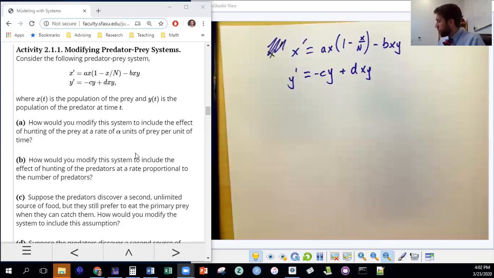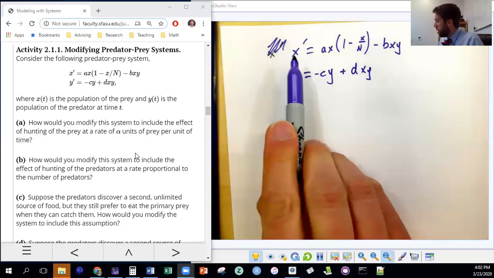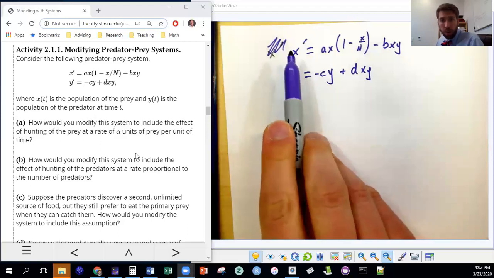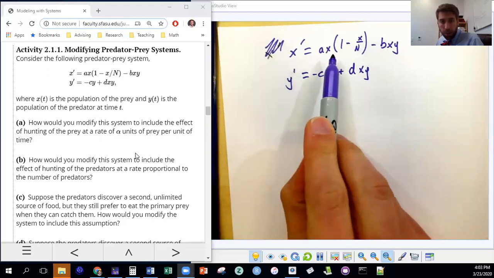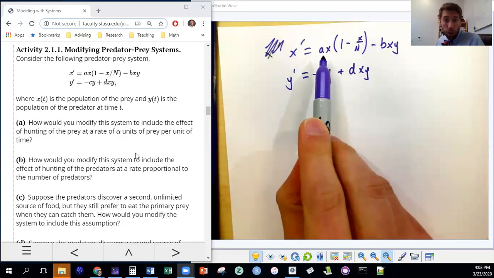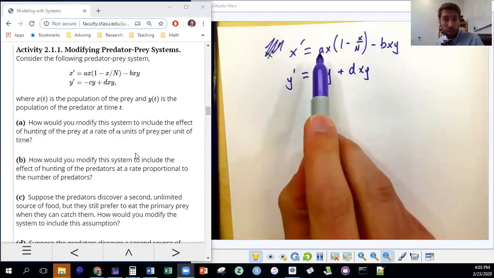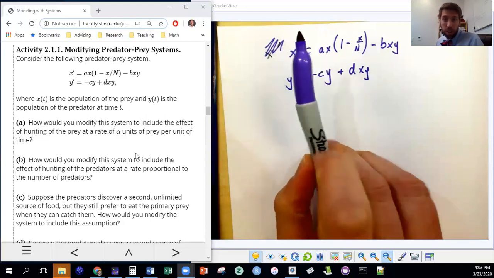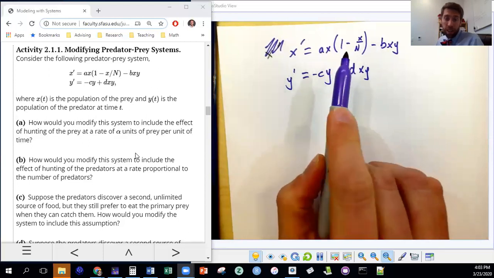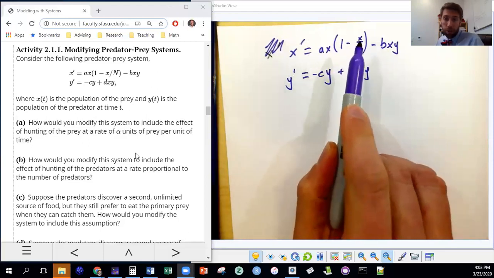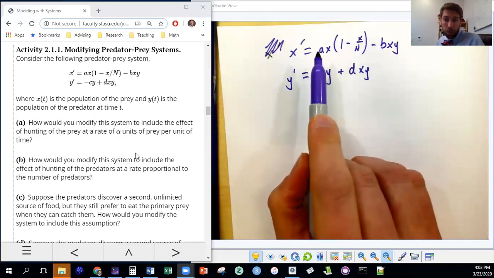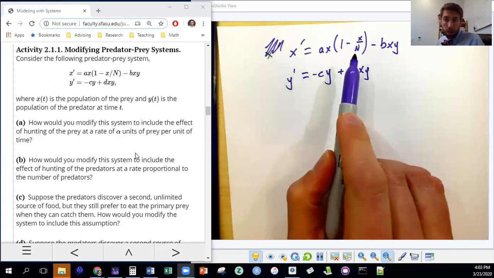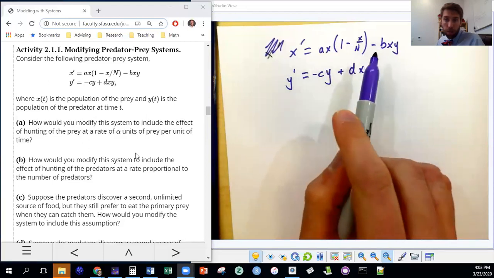So here, the x prime will be 0 if x equals 0. So there are no prey animals. That number will not change because it'll be extinct. And if x equals capital N, the carrying capacity, then this part would be 0, but you still have the predators eating them.